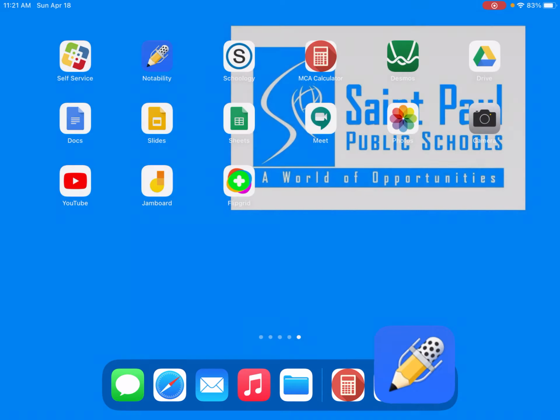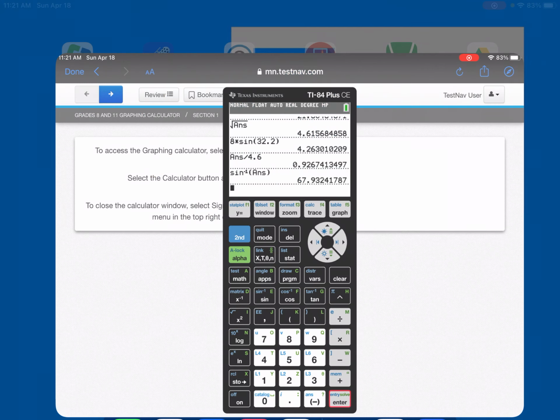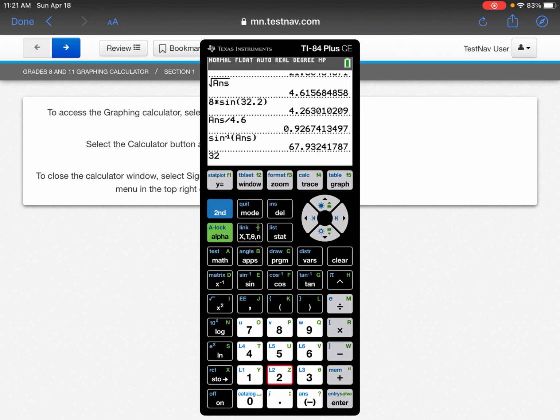So 32.2 plus 67.9 gives me 100.1. So I just go 180 minus 100.1, and I get 79.9.